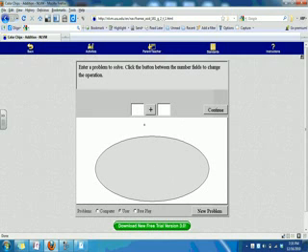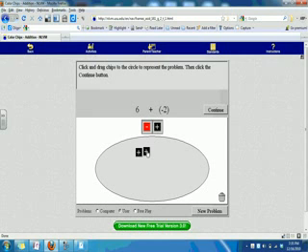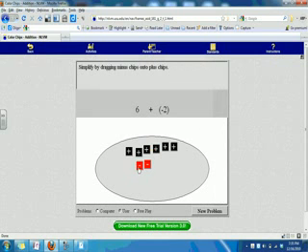Now let's take a look at some examples that we're going to come up with. So let's take a look at 6 positives plus 2 negatives. So if I drag onto the board 6 positives, and I drag 2 negatives, and we press continue, think about making all of your pairs of 0.